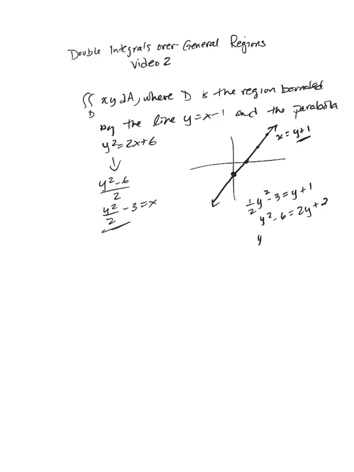Bring everything to the left. Factor. Set it equal to 0. Get your solutions. Okay, so these y values where these are going to intersect are going to be negative 2 and 4.